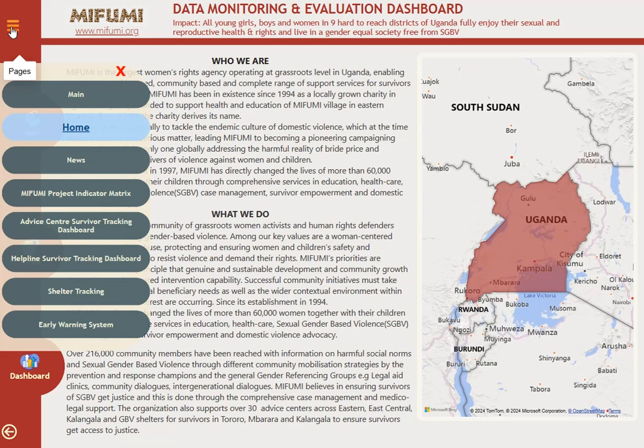Instead of having it lined up here like how websites do it, we have introduced an interactive page navigator that allows you to access the different pages within our data monitoring, evaluation, and learning system. Just by clicking on any of these buttons, you'll navigate to the different components. Maybe we can start with the first one here.